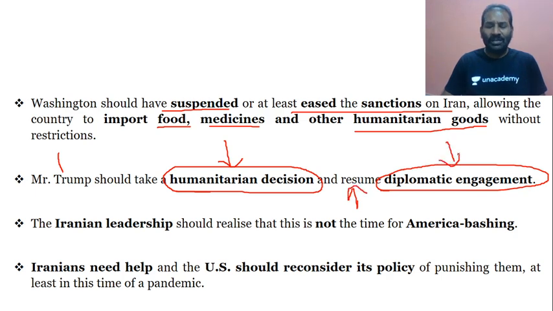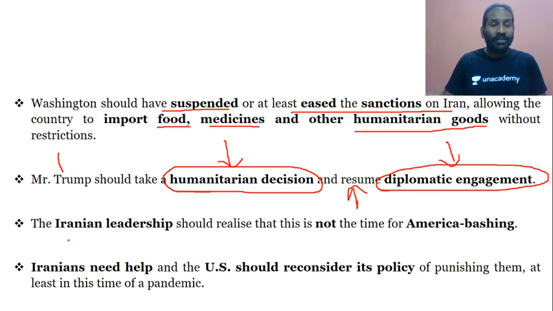So this is what the economically very developed country has to do: come forward and make sure that the economic crisis and humanitarian conditions are taken into consideration. That is the way forward from the US, that is, from Mr. Trump.